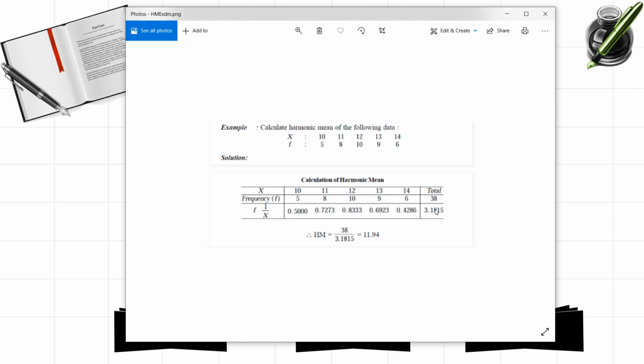In this example, the frequencies total is 38 and for the f by x column total, they got 3.1815. Try to do this: the frequencies total is your numerator and the f by x column total is your denominator here. And what is the formula for harmonic mean in case of grouped data? Summation f by summation f by x.